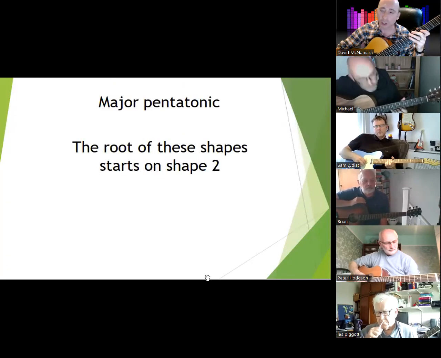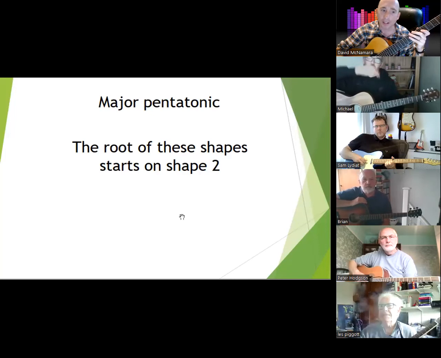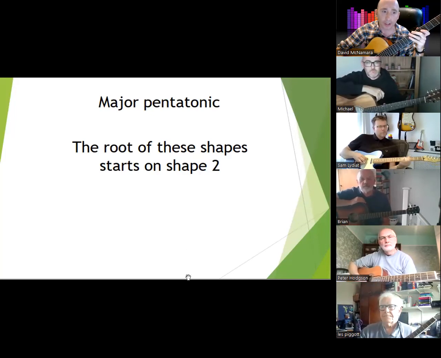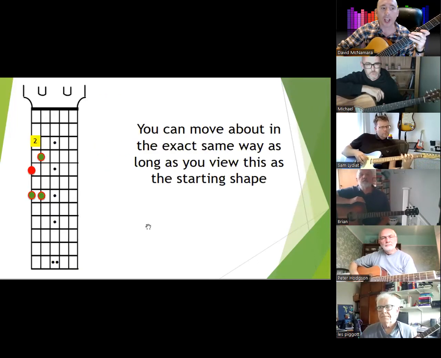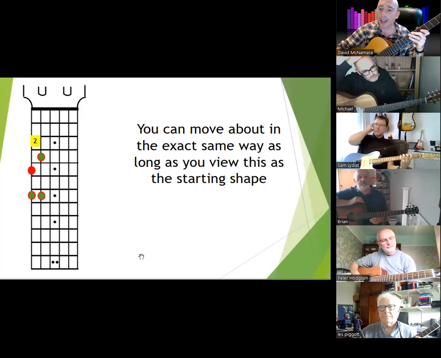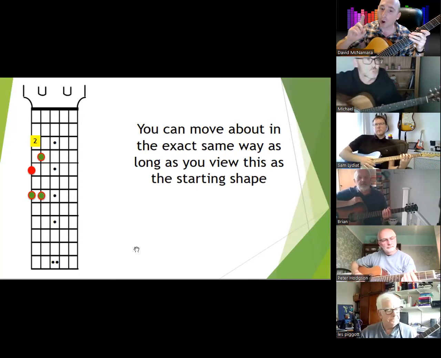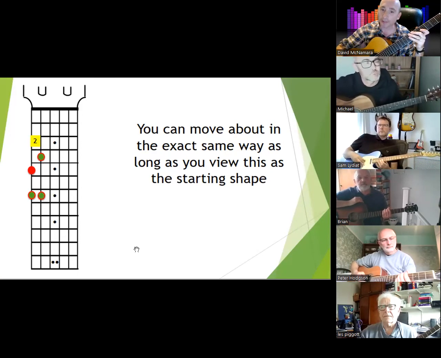Okay, so I want to just address major pentatonic. The root of these shapes starts on shape 2. So if you look at shape 2, shape 1 is your minor pentatonic, shape 2 is your major.